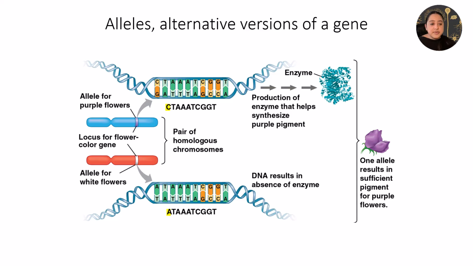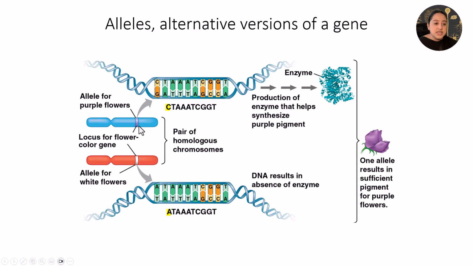This is what I mean about the chromosomes. Here is one chromosome in a pair of homologous chromosomes. Remember, we get one set from our mom and one set from our dad, so we have a pair of homologous chromosomes. Similarly, these plants have a pair of homologous chromosomes, and say this is chromosome 1 in this plant.